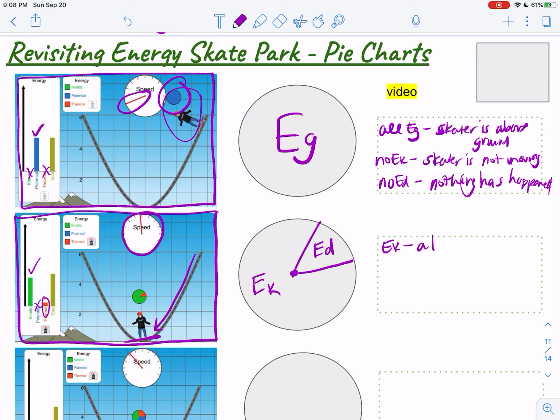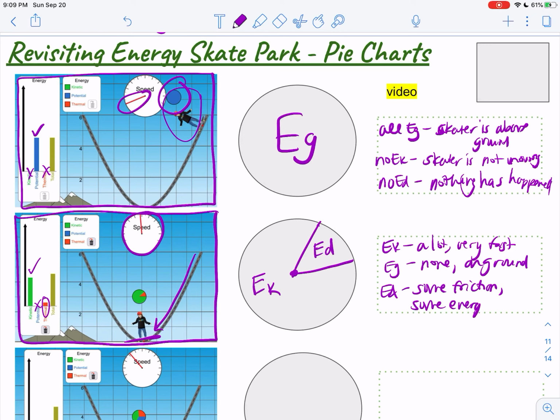EG, none, because he's on the ground. ED, some friction, so some energy dissipated, but not that much yet, because he hasn't had much chance to rub against the track.